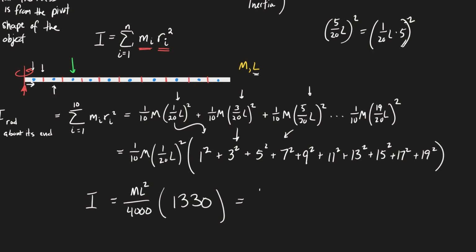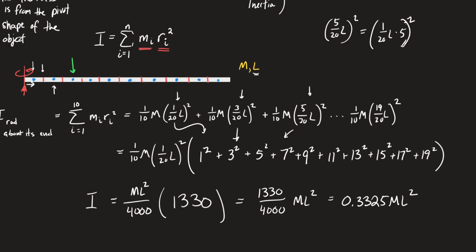This would be 1330 divided by 4,000 ml squared. 20 squared times 10. So that, I believe, is 0.3325 ml squared when you divide out 1330 by 4,000.